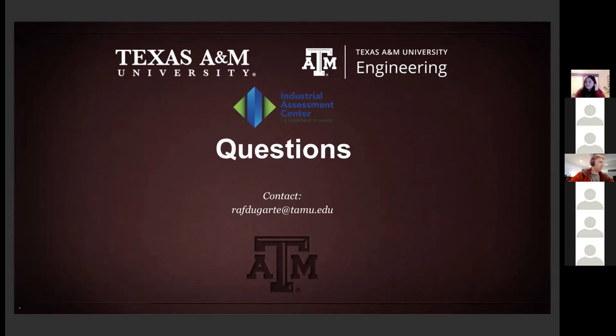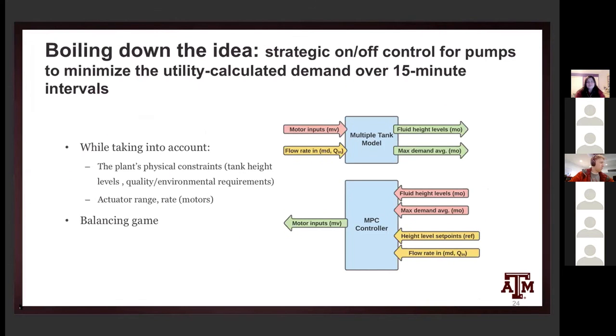Here, I'll go back. So yes, the MPC has several inputs going into it. In this picture, the pink red ones are coming from the plant. You have a set of reference set points and some of the data points used as reference for what we're trying to do, and then there's an external flow rate or measured disturbance going into the controller that also goes into the tank model.